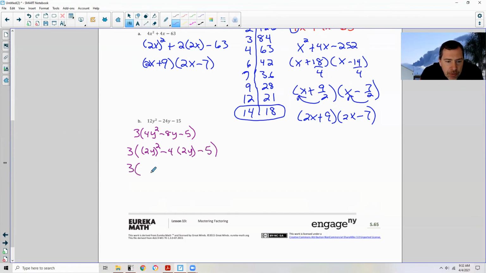And so that 3 comes down again, and this is going to now break up to 2y and 2y. And factors of 5 that add up to 4 are 5 and 1. And the middle term is negative, so it's minus 5 plus 1.